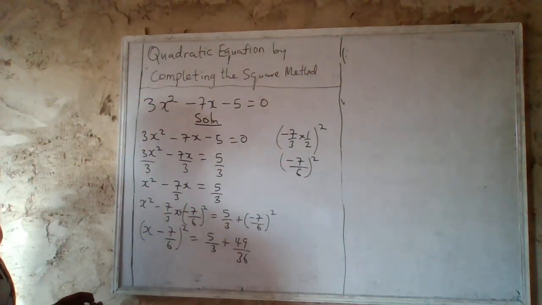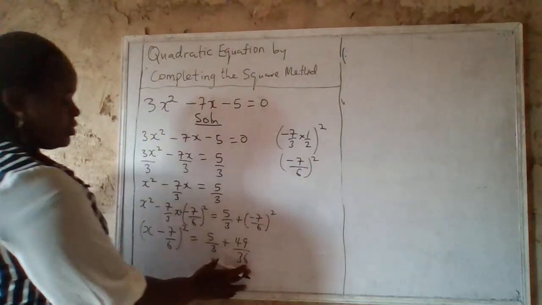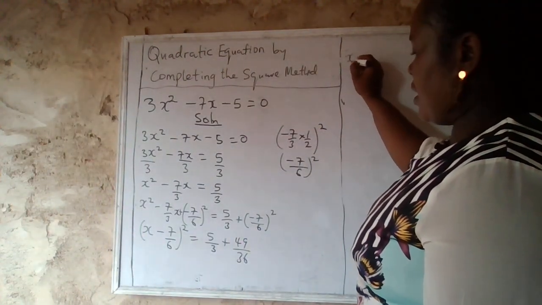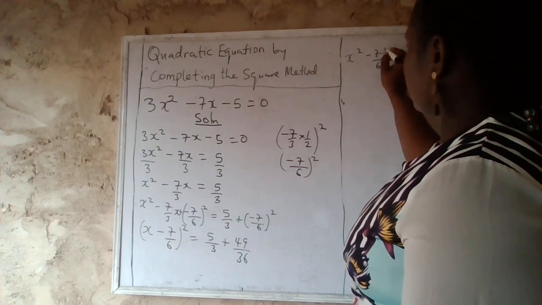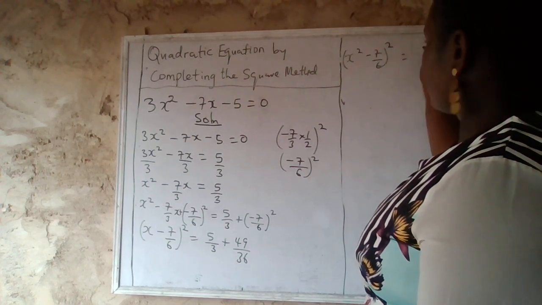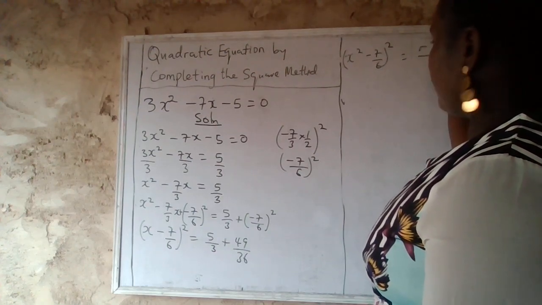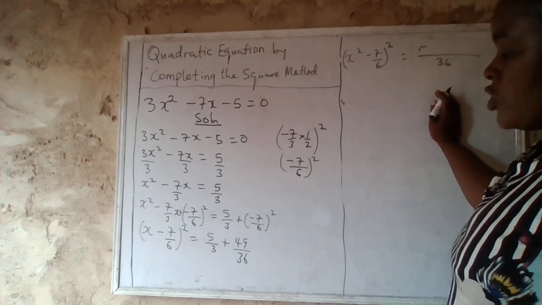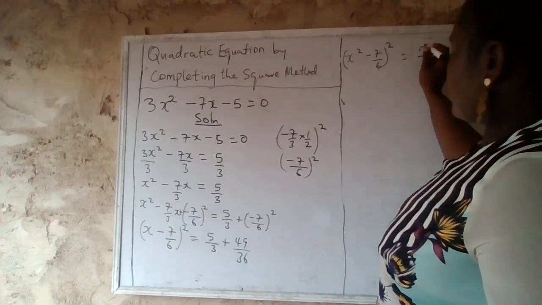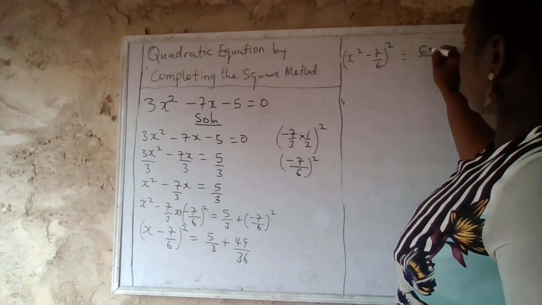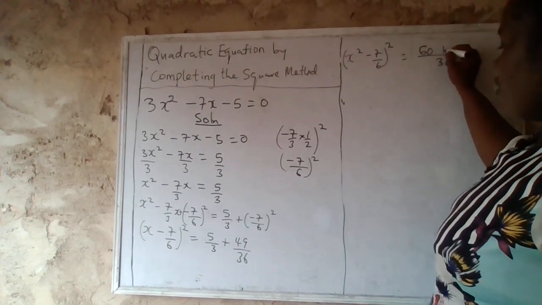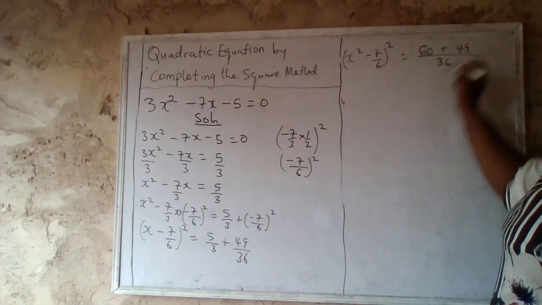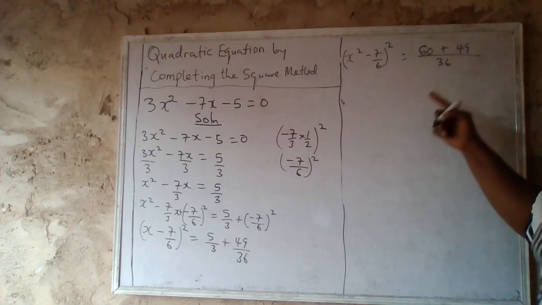Now that I have this, I can continue to solve. The LCM is first of all 36. 36 divided by 3 should give me 12. 12 times 5 should be 60, right? 60 plus 49. 36 divided by 36 is 1, times 49 is still 49.